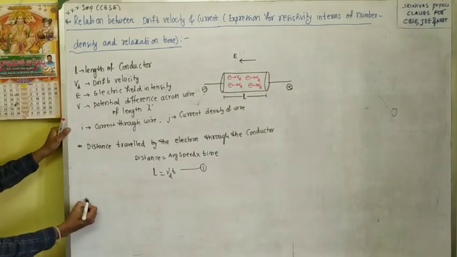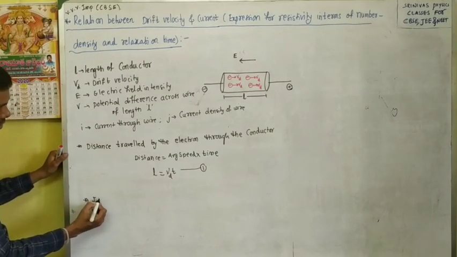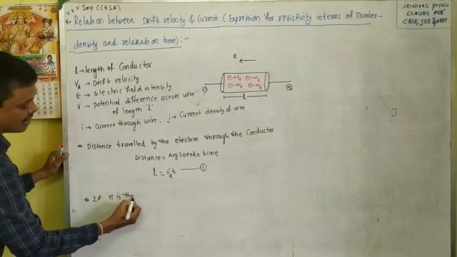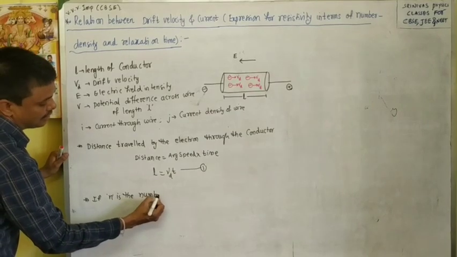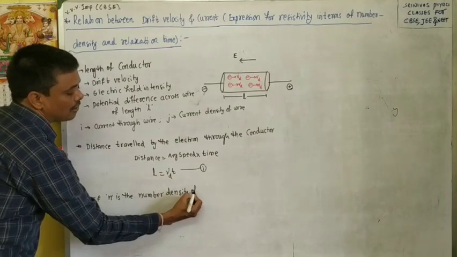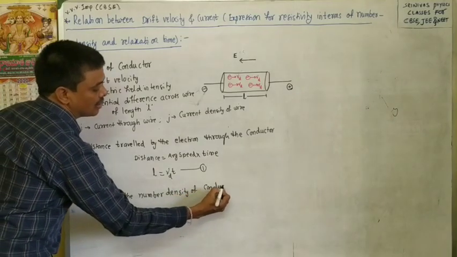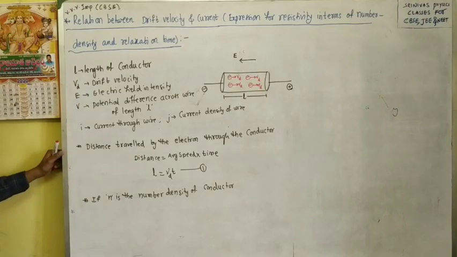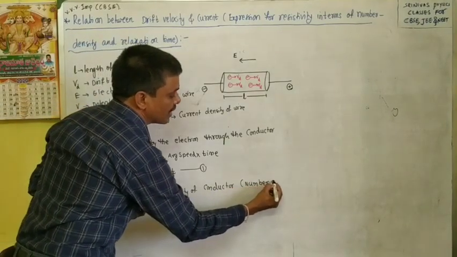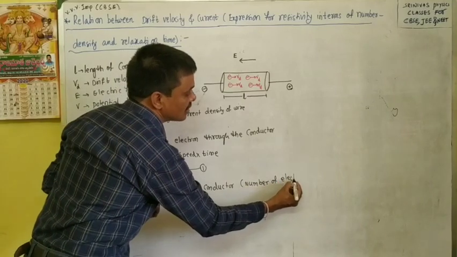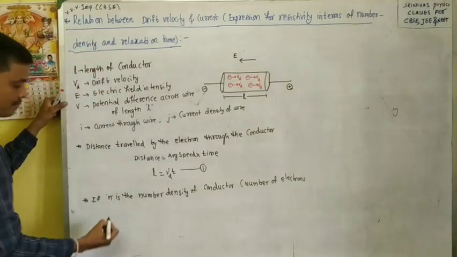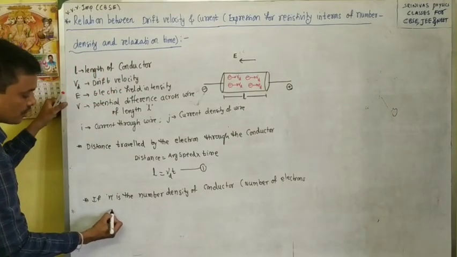If n is the number density of the conductor, what is number density? Number density means the number of electrons per unit volume.